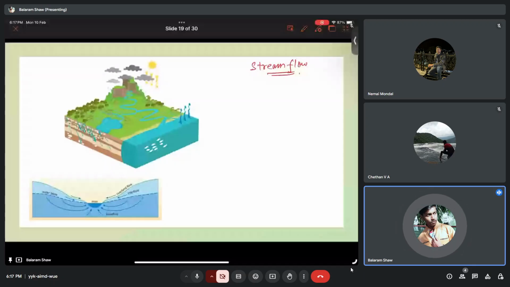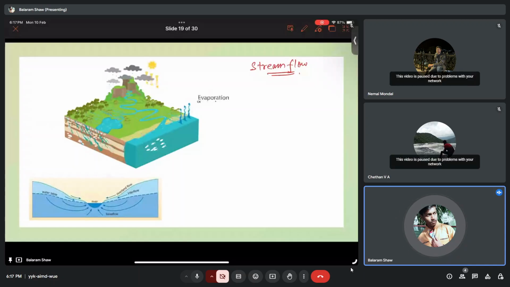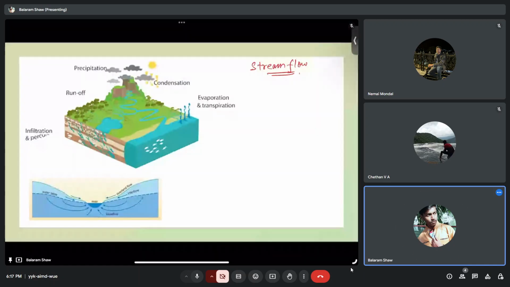Before that, the first question is: what is stream flow? Stream flow refers to the volume of water passing through a fixed location on a river, or let's say a stream, in a unit of time.